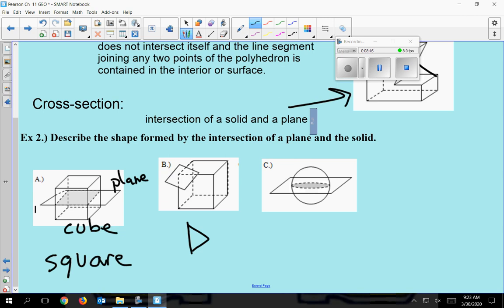And then this one is a sphere, and I slice it with a plane, and I believe I would get a circle from that cross section. We don't really do a whole bunch with the first two, but C actually comes up a little bit later in the chapter.